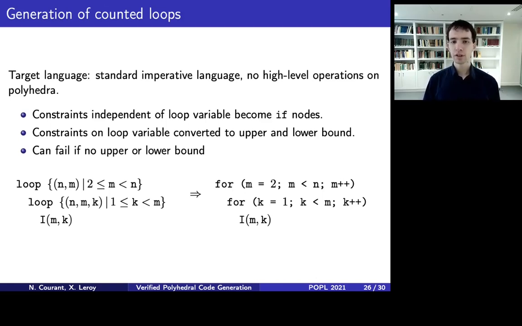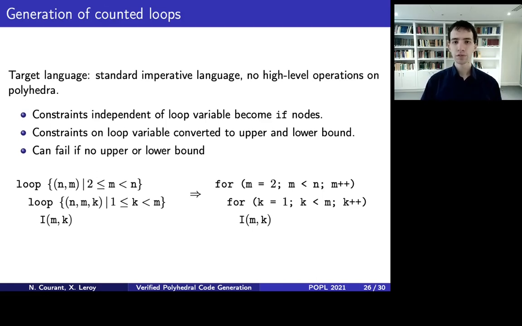The constraints on the loop variable are converted to lower and upper bounds. This can fail if there is no lower or upper bound, but this means that the input program did not terminate. In this case, we have simply generated two nested for loops.